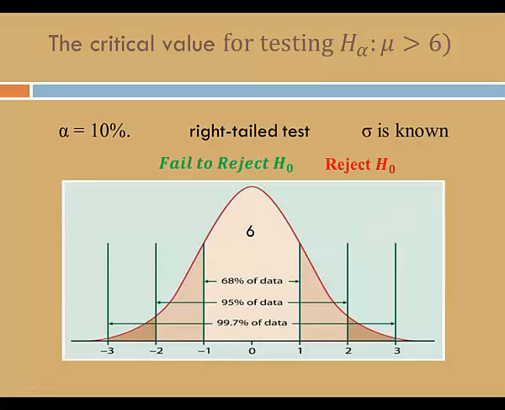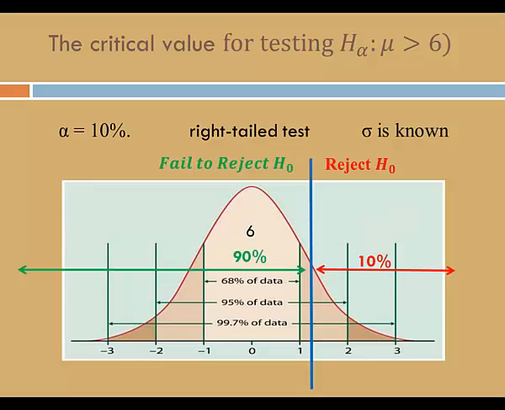Let's switch the direction of the test. In this case, let's test the alternative hypothesis that mu is greater than 6. Our level of significance is still 10%, but this is a right-tailed test. We'll still assume that sigma is known. We want to put 10% in the right tail.